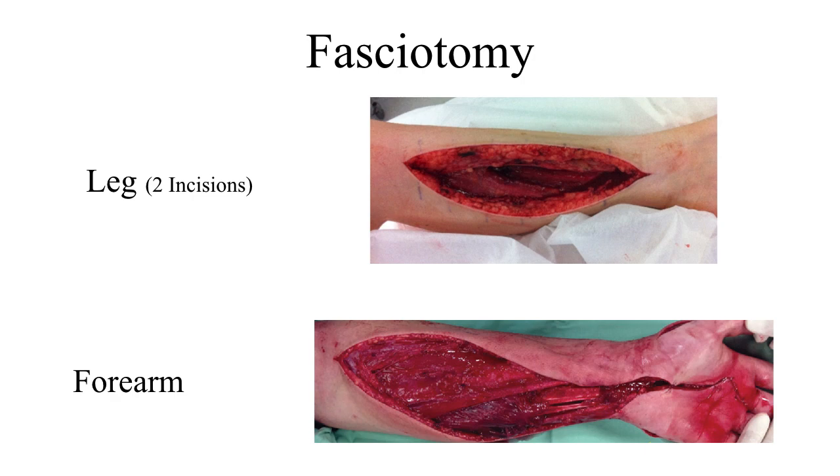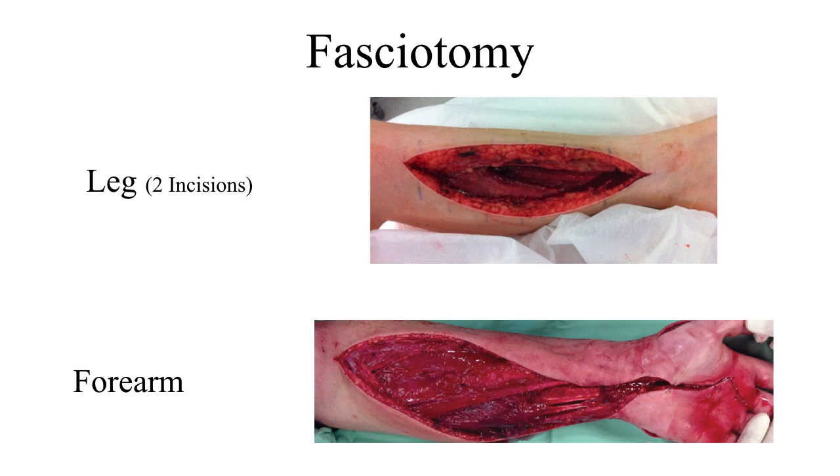The necrosed muscles are identified by its pale color, loss of contractility on touching, and loss of bleeding on cutting the muscle fibers. So the fasciotomy should involve incision of the skin and the fascia throughout the length of the limb, along with excision of the necrosed muscles. So this will definitely leave a gap, and the skin cannot be sutured primarily.